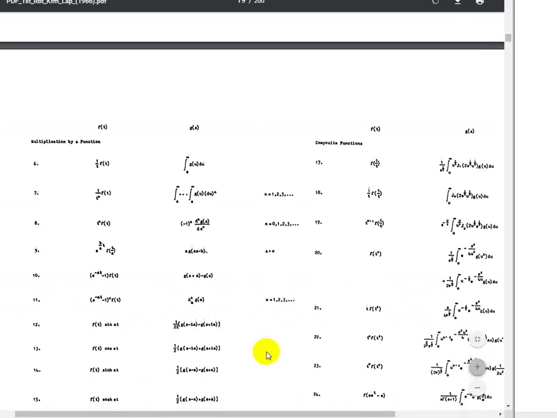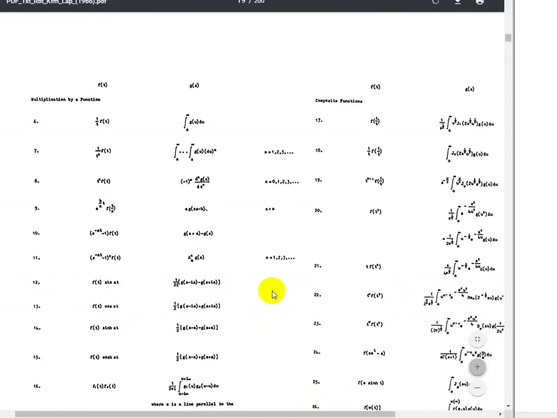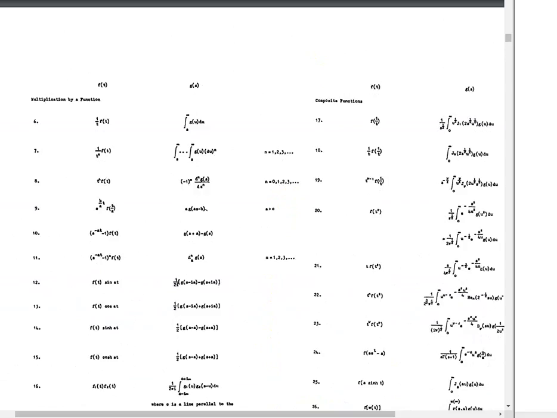I have to tell you that this particular table is from 1966. I have another one that is better. It has more transformations in a more direct form, from '63, but still those are basically the same Laplace transform and inverse Laplace transform that exist in the literature.